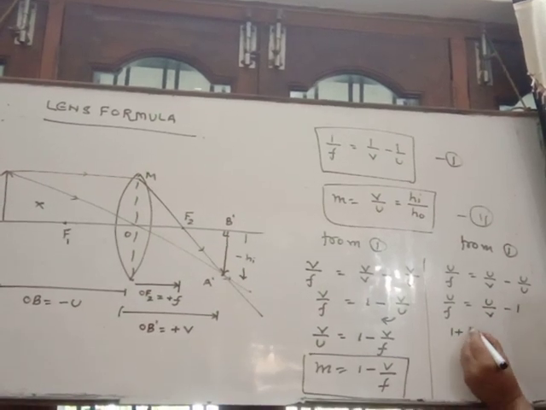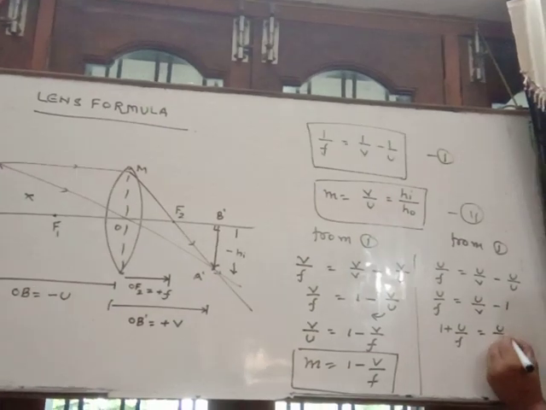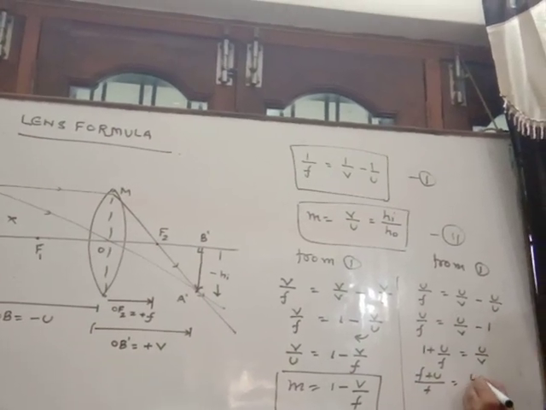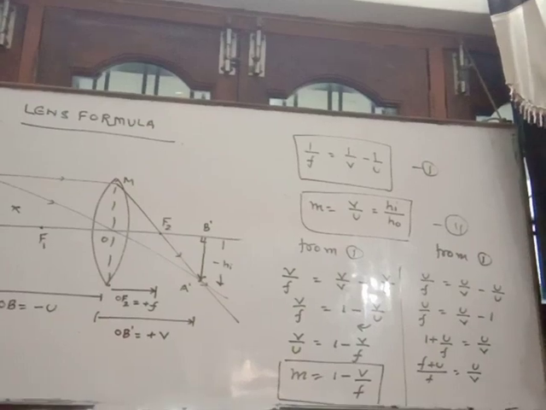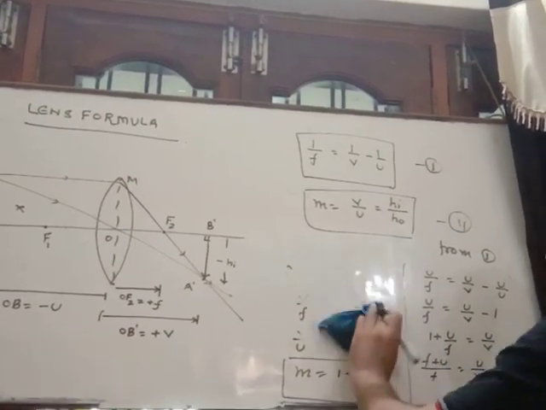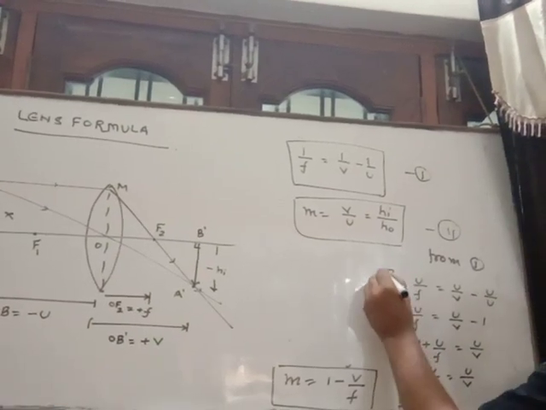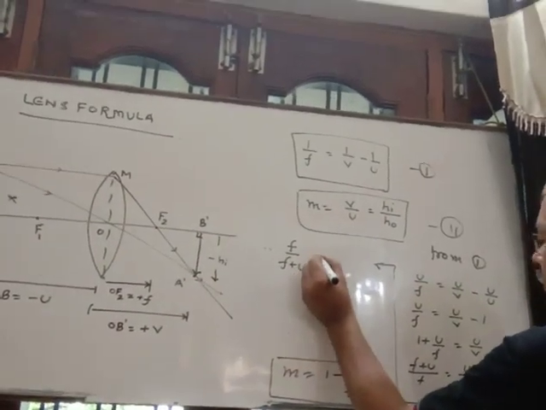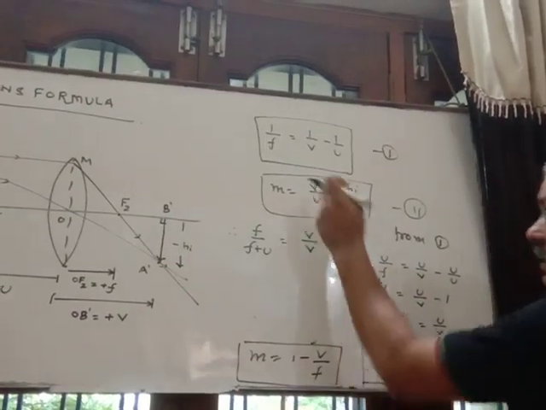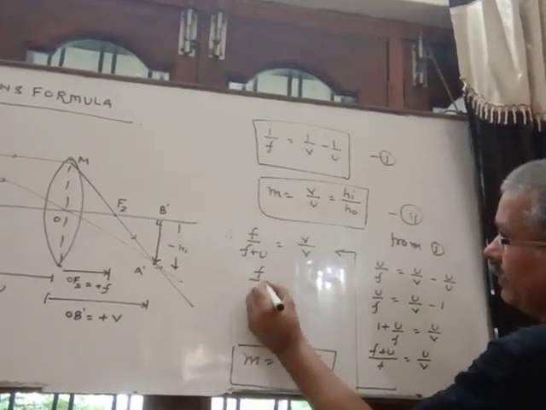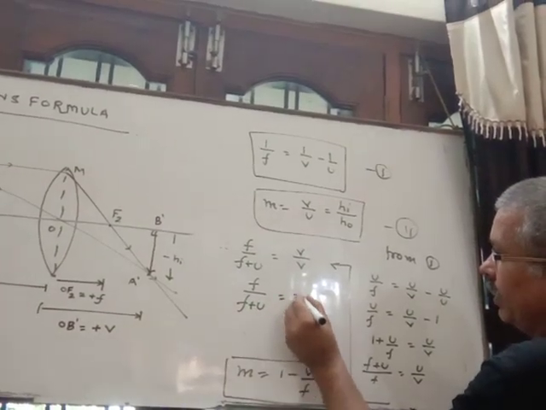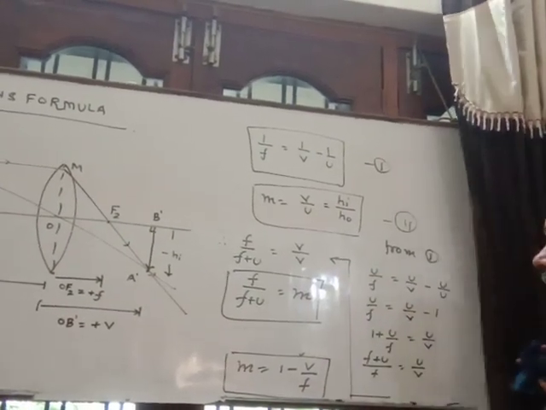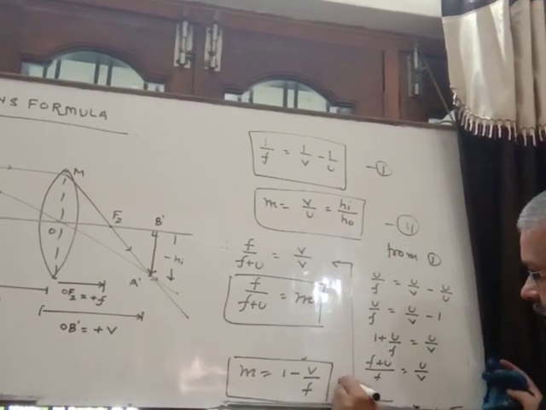It is 1 plus U by F is equal to U by V. May be written as F plus U by F is equal to U by V. Now take its reciprocal, so it becomes F upon F plus U is equal to V by U. And V by U is again magnification, so F upon F plus U is equal to M. So it is a relation between magnification, focal length, and distance of object. Let this one be the third equation and this the fourth.